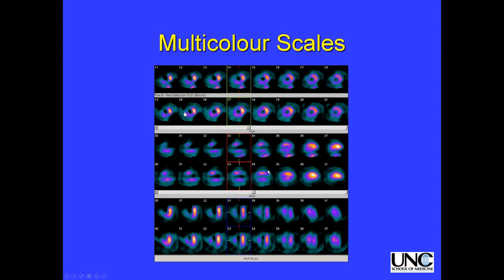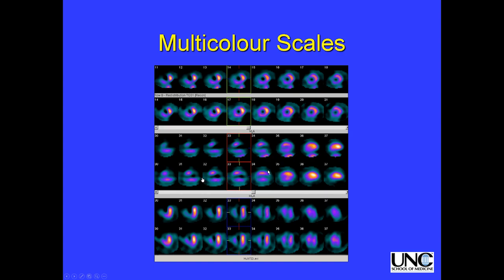But if you look carefully on the rest images, you can see a small nubbin extending a little bit further than we would ordinarily see in the stress image. In this area here, you see a very subtle nubbin that's creeping forward. This would suggest that there is low-grade ischemic disease present, so peri-infarct ischemia. This is what we see in the multicolor scale.